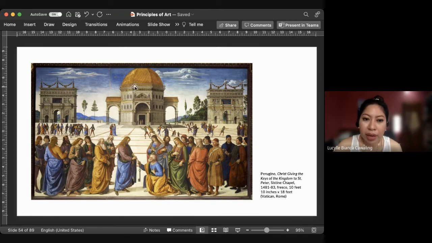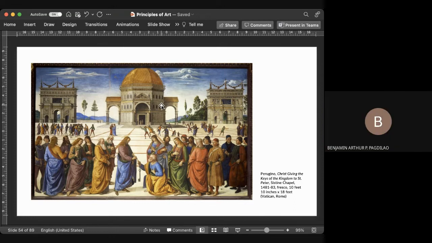But if you compare it to the size of the temple here, or the buildings, the buildings are almost the same size as the figures in the foreground, but it is well proportioned to the building. Do you get it? What size and proportion is? Guys? Yes, ma'am. All right.